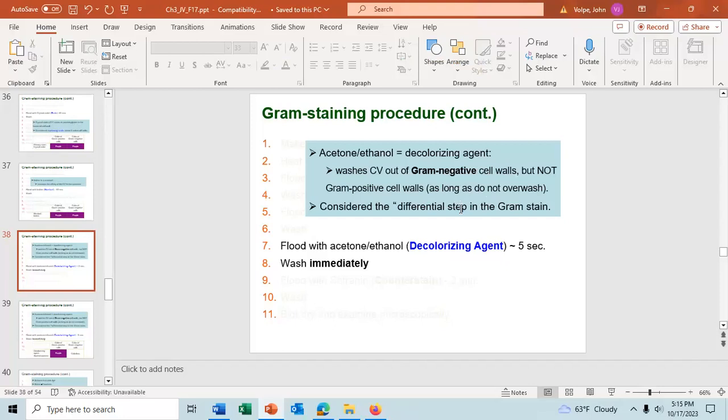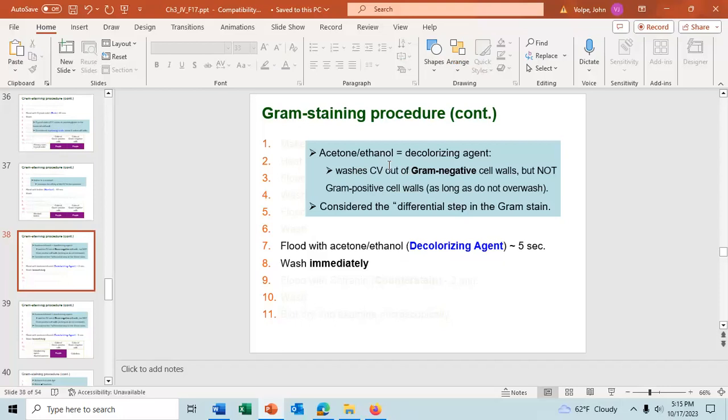We're going to talk about acetone ethanol, but it could be acid ethanol, and then it could simply be ethanol. Those are the three. You don't need to know this, but those are the 3 decolorizing agents. If you use acetone ethanol or acid ethanol, you just apply the decolorizing agent for 5 seconds.